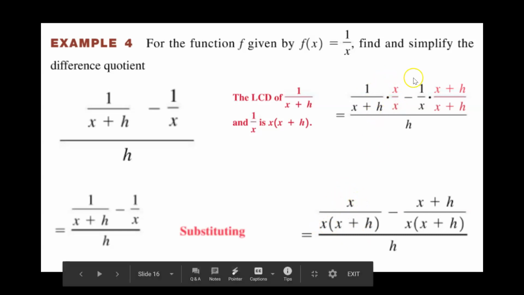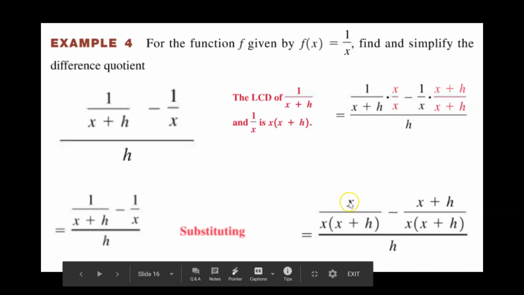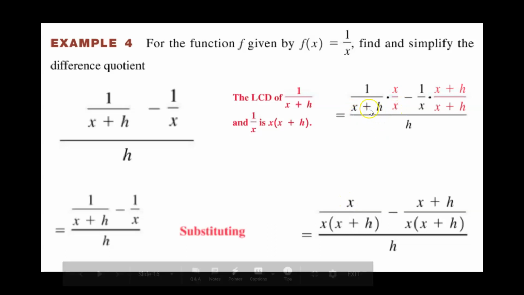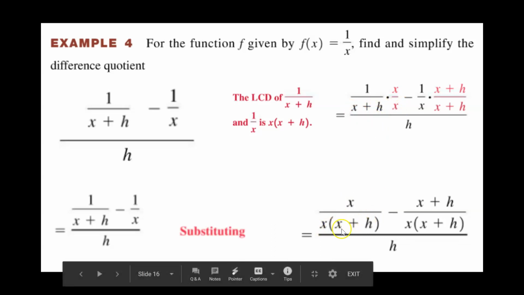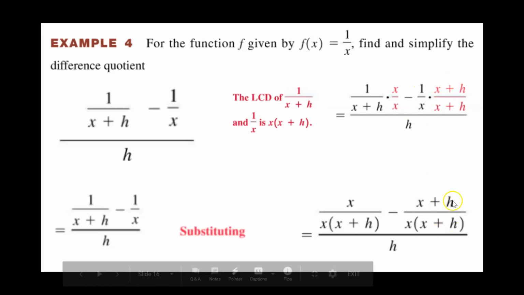So this x times this 1 gives us the x. This x times the x plus h in parentheses, we just leave separated like so. We don't have to distribute it yet. Minus, again, the bottom one stays the same, and then I take this 1 and distribute. 1 times x gives us the x, 1 times the h gives us the h.